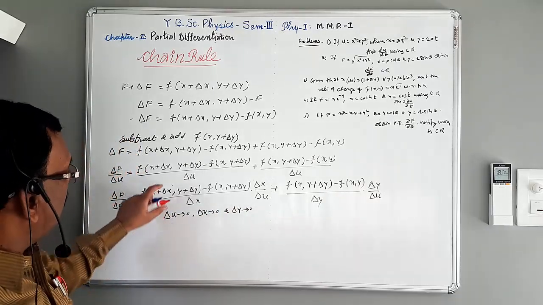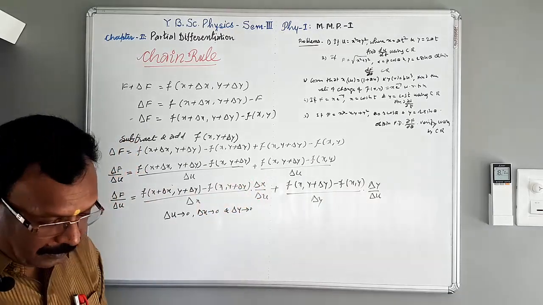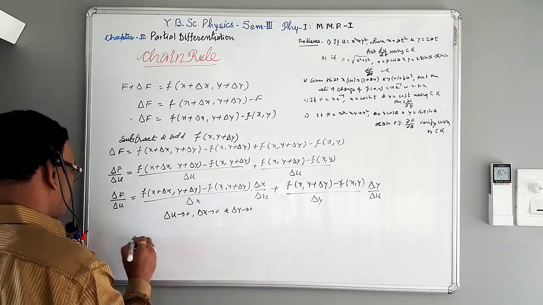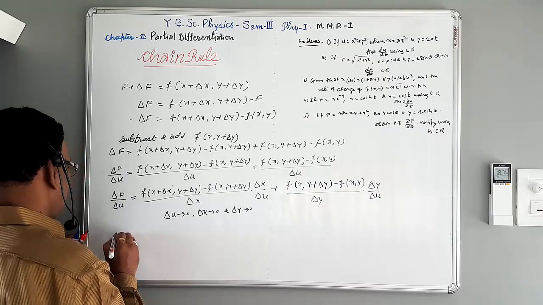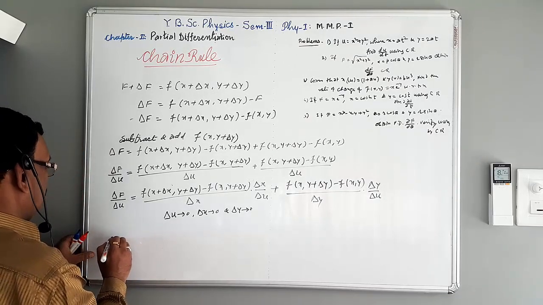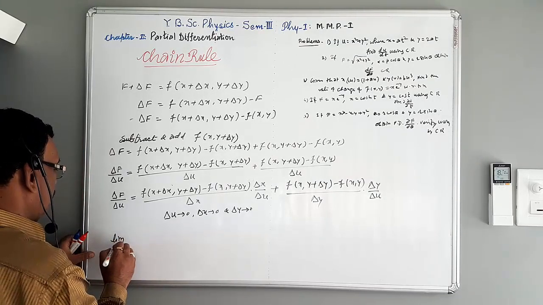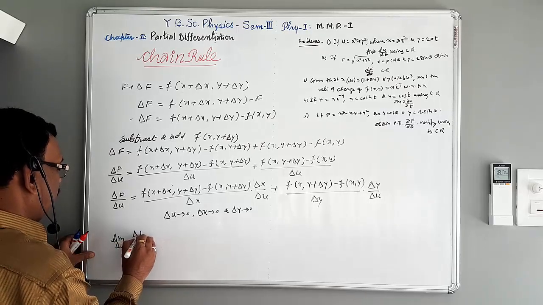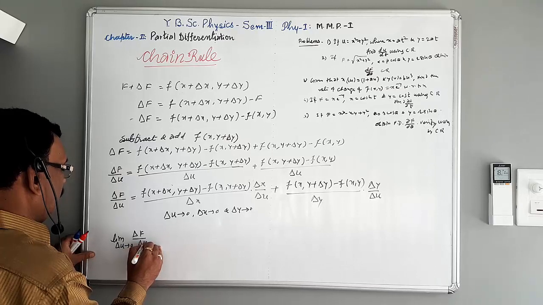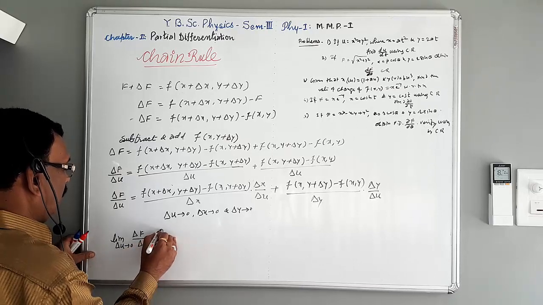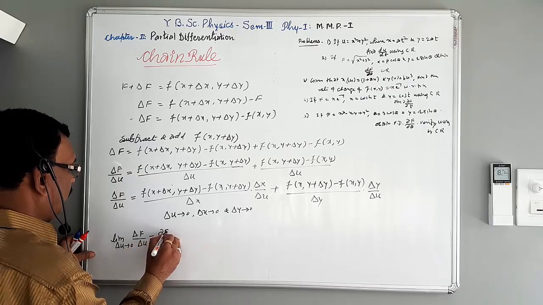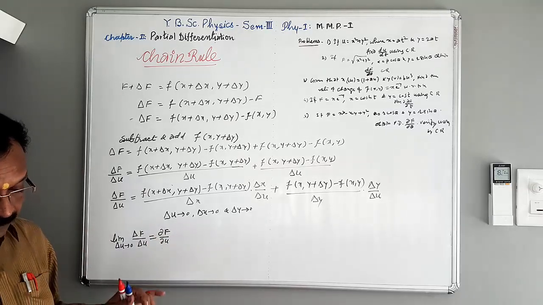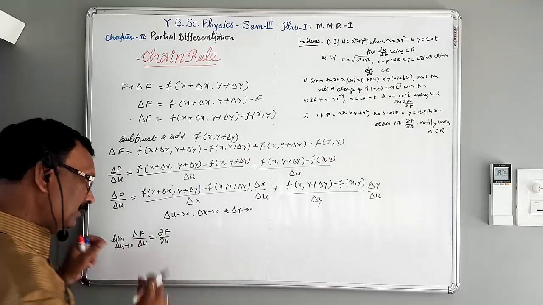When we substitute the limit in this equation, for the first term, the limit as delta u tends to 0 of delta f by delta u is equal to del f by del u, or you can write df by du.